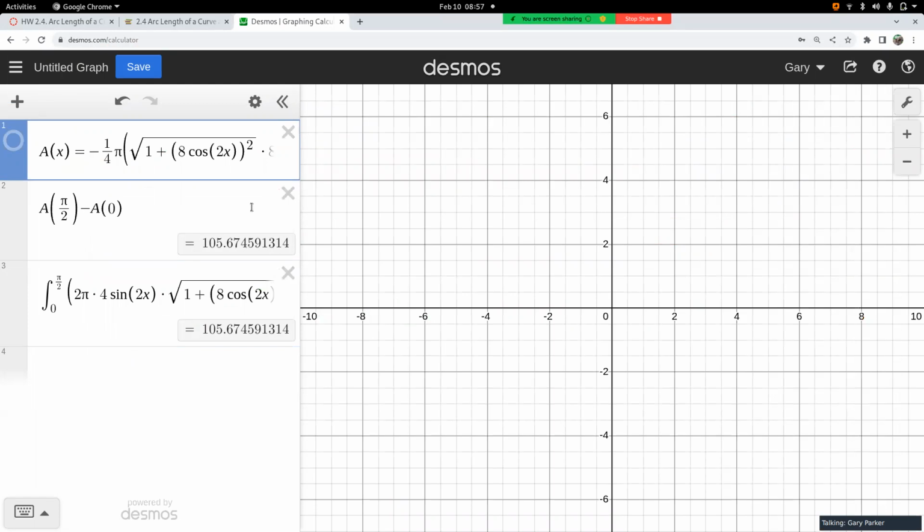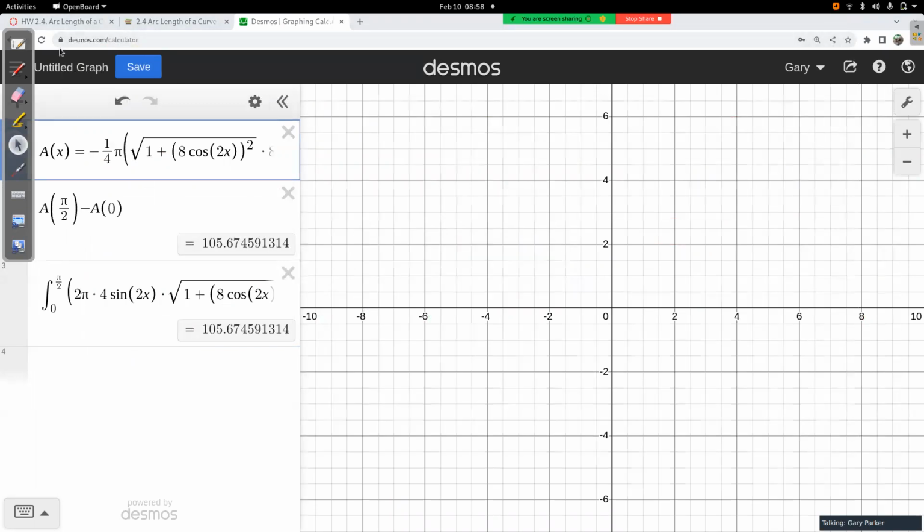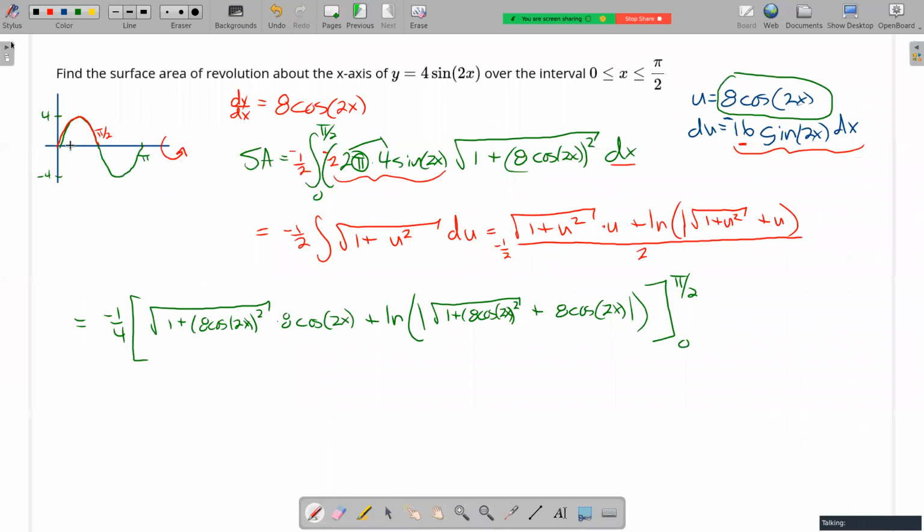Other way to check this would be to approximate it with some other function. And thinking about that for a minute in my graph, here you could kind of approximate this with an ellipse.